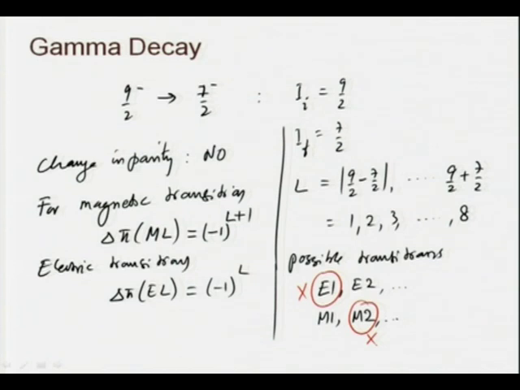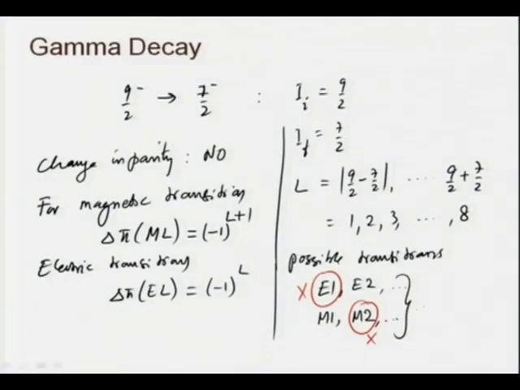Since the magnetic transition allowed here is one order smaller compared to the electric transitions, we can expect that in this particular case, the transition will have both magnetic dipole and electric quadrupole type. So, it will be a kind of mixture of magnetic dipole and electric quadrupole type.